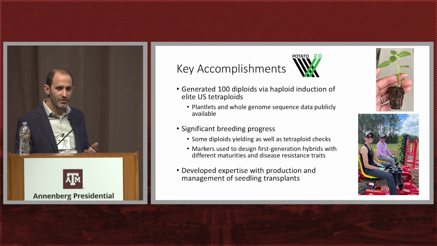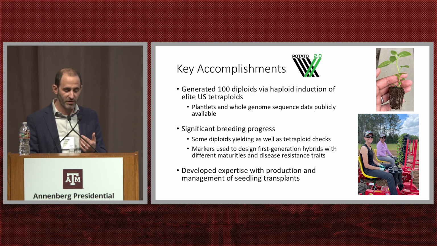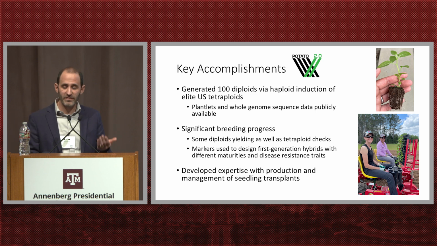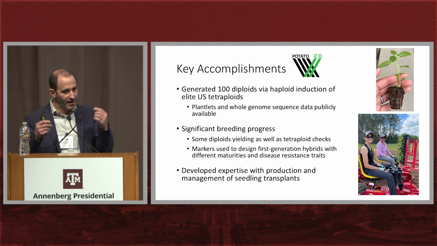So we've sequenced all of their genomes, and these plants are now publicly available. We're getting interest from breeding companies who want to use them for jumpstarting their breeding programs. We've been doing our own breeding, of course, in the public sector. Probably about 5 years in my program, maybe more like a decade, even before this grant started at Michigan State University. And they have already found some diploids, not inbred hybrids.